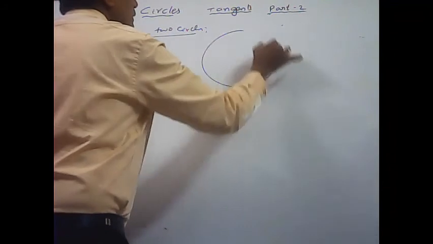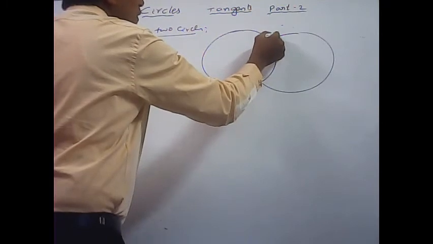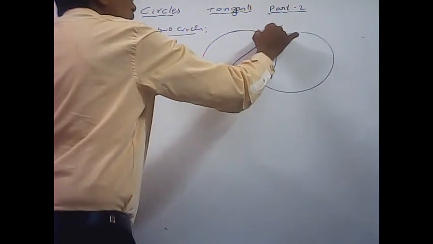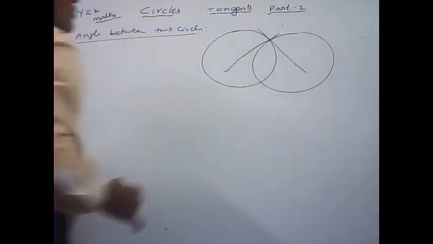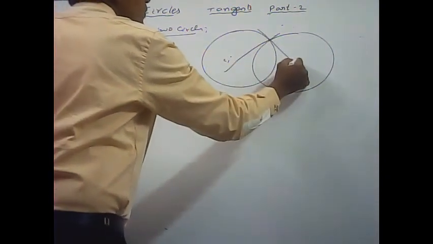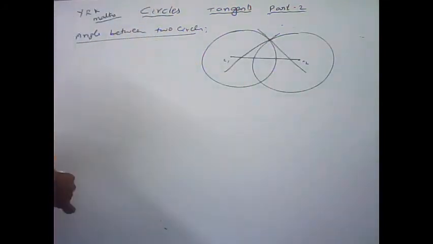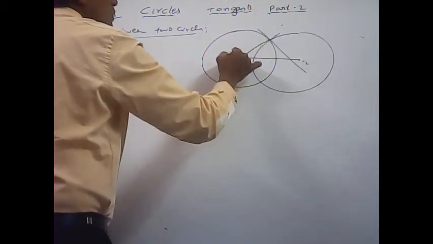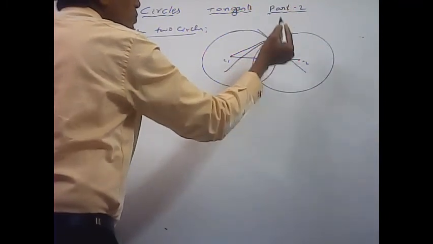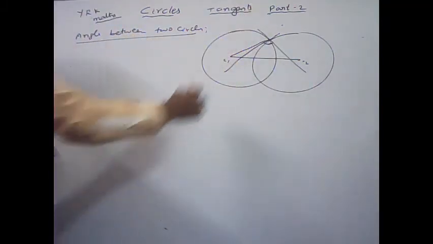Angle between two circles. Here two circles are there, both intersecting. This is the tangent to the second circle, and this is the tangent to the first circle at the point of contact. Here C1 is the center of the first circle and C2 is the center of the second circle. If I join C1 to this point, the angle between two circles is nothing but the angle between the tangents, either upwards or downwards.